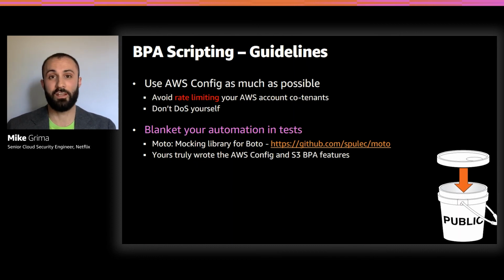And lastly, but certainly not least, blanket your automation in tests. This thing is going to touch lots of resources. You want to make sure that it does exactly what you say it does. And if you are a Python developer like I am, you'll probably make use of the Boto library for AWS. And there is a library called Moto, which is a mocking library for Boto. I actually contribute a lot of code to Moto.